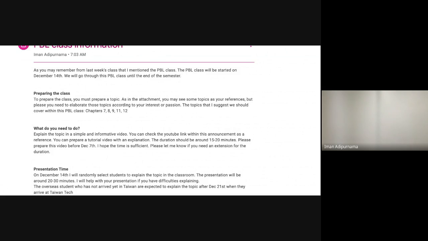First, you need to choose topics. I have some attachments that you can see. They are chapters from the textbook. What I want to suggest as topics for your reference is probably around chapters 7, 8, 9, 11, and 12, because I will cover chapters 10 and 6.